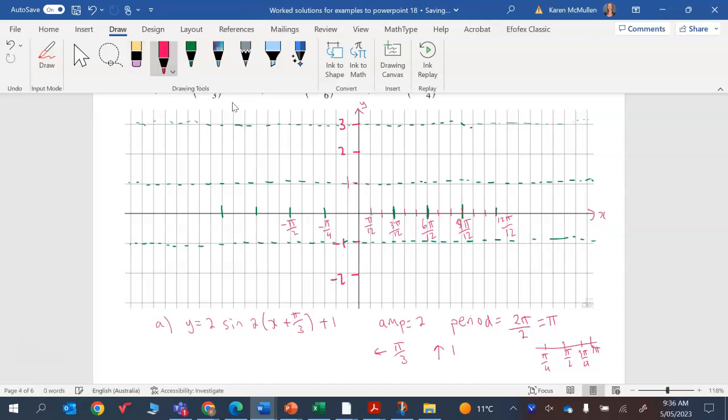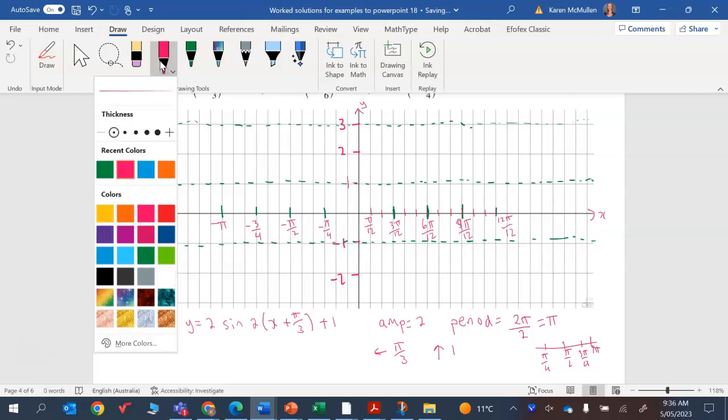Pi on 2, negative 3 pi on 4, and negative pi. So the fractions on the left are the same as the fractions on the right, they're just negative, all right? And on the left side, I've written them in their simplest form. On the right side, I've kept them with a denominator of 12, just to make it easier when we do that horizontal shift.